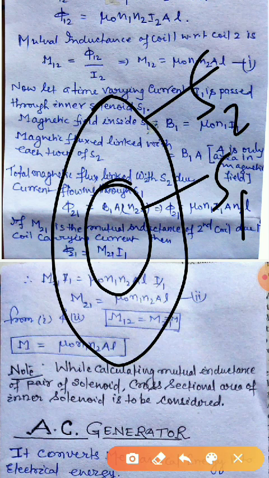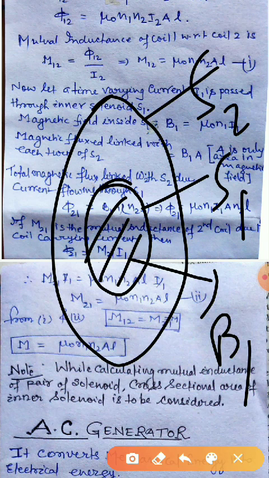So the magnetic field is produced inside the solenoid S1. This is the region where the magnetic field is present and its value is B1.